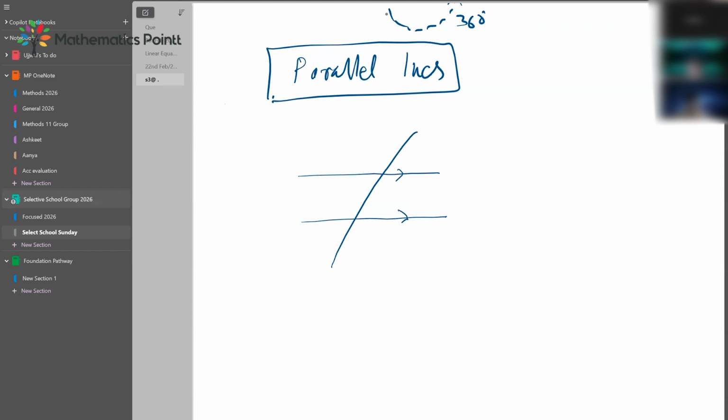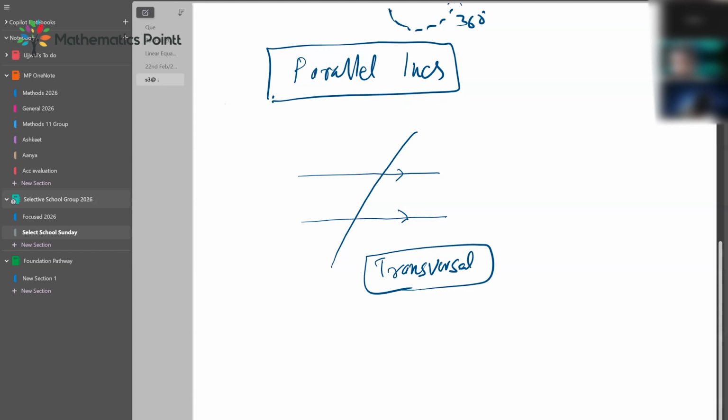Anyone knows what this is? It's called transversal. This line that cuts two parallel lines, or basically a line that cuts any two lines, is called transversal.